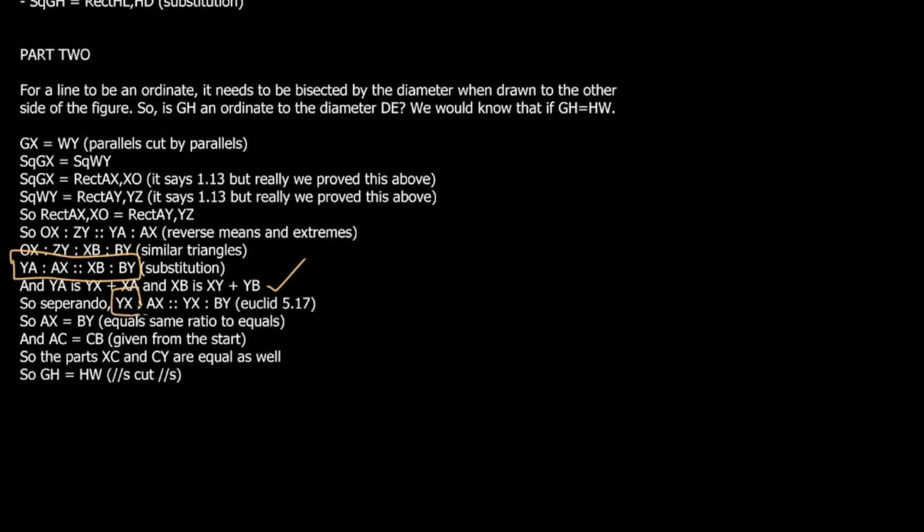So we substitute YA with YX, and XB minus YB is XY. So we substitute XB with XY or YX, and we keep the second and fourth terms the same. So that's the process of separando. I don't have an easy way to explain how it works, but you can always reference Euclid.